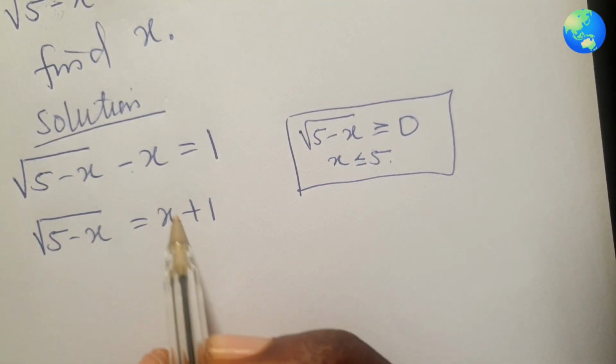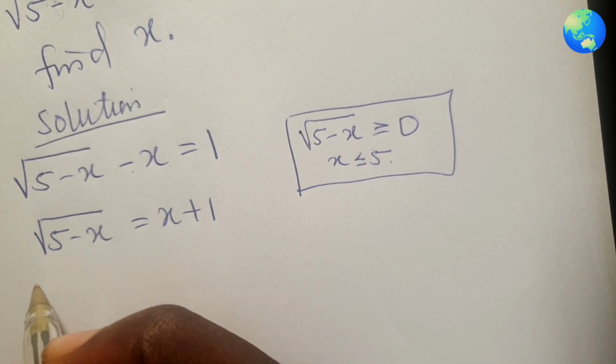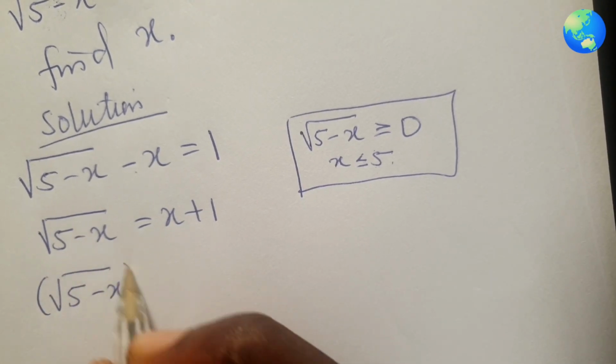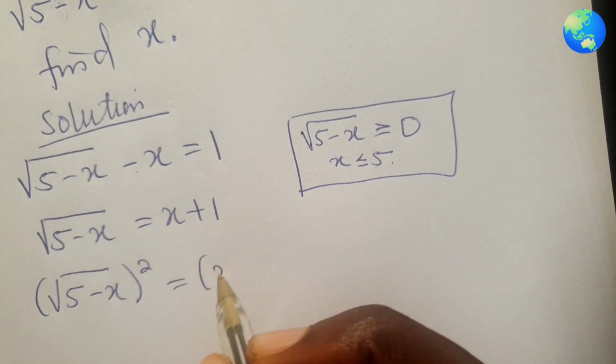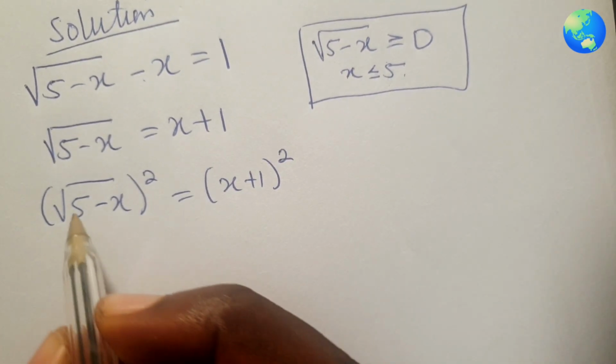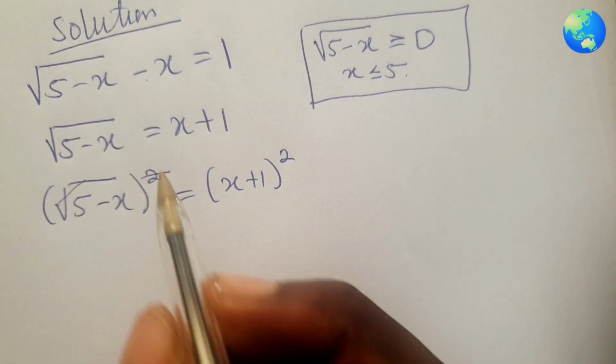I can square both sides. By so doing, I will have square root of 5 minus x all squared equals x plus 1 all squared. Then for this part, the square root can go with the square.